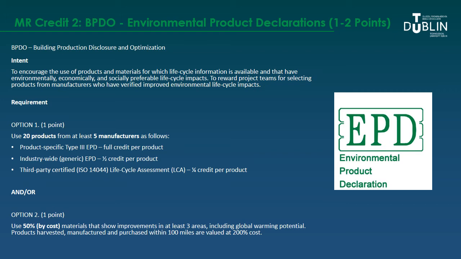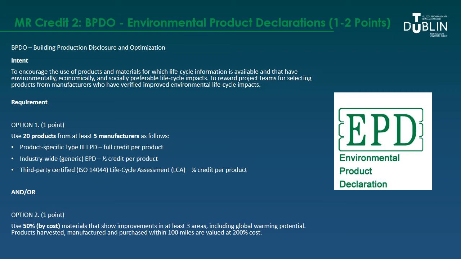You get a half credit per product if you use an industry-wide or generic EPD, and that's to a generic product and type, and not to a particular manufacturer or company. So that only gets a half credit, because again, it's more wide, it's not specific to the product that you're specifying.